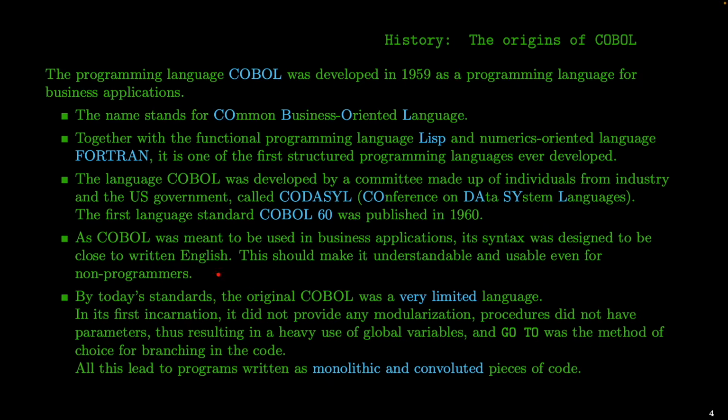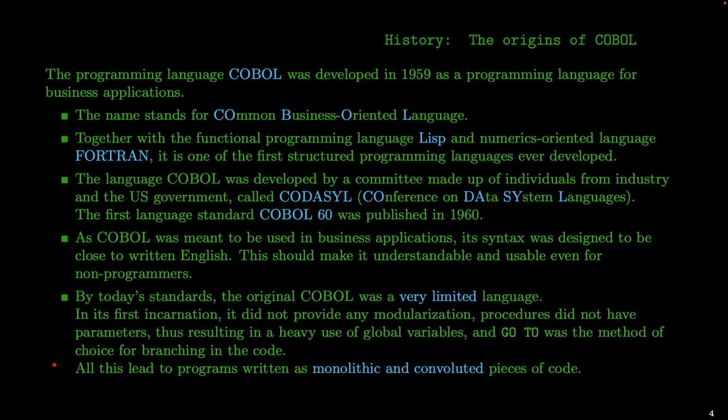Now, in its original form, it was a very limited language, and originally it did not provide any methods for modularization. You could not hand over parameters to procedures, so you just used global variables instead. And if you wanted to branch, you had to use goto.